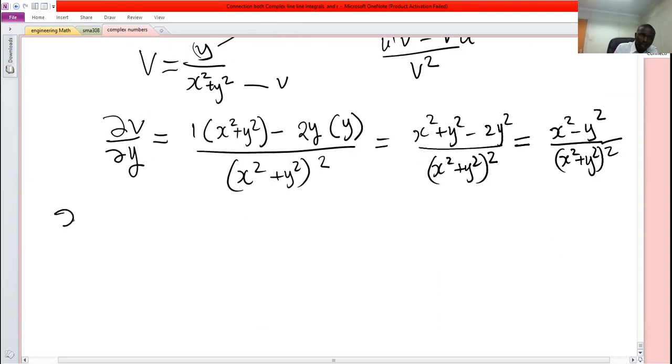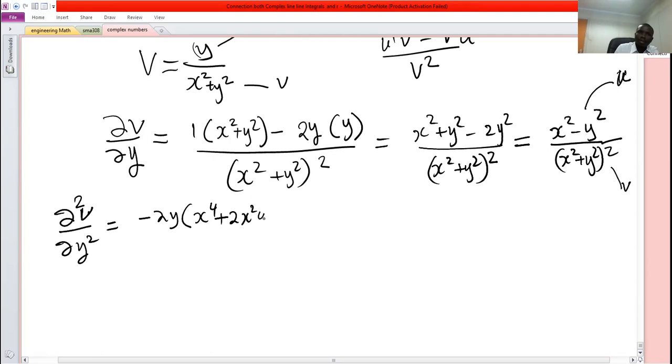So which tells me that partial squared v partial y squared, we use the quotient rule. So v times u prime, with respect to y, will be minus 2y into x to the power 4 plus 2x squared y squared plus y to the power 4.